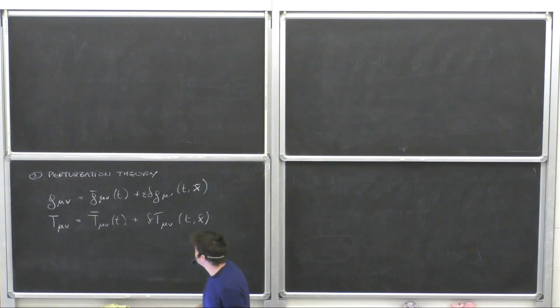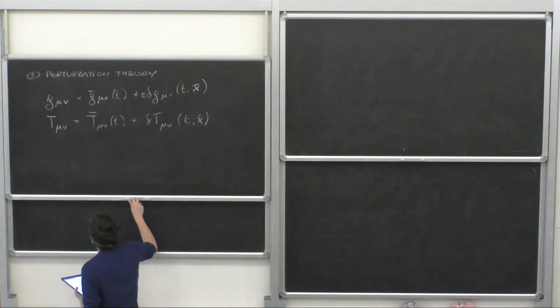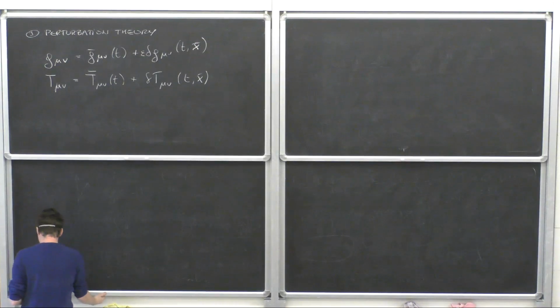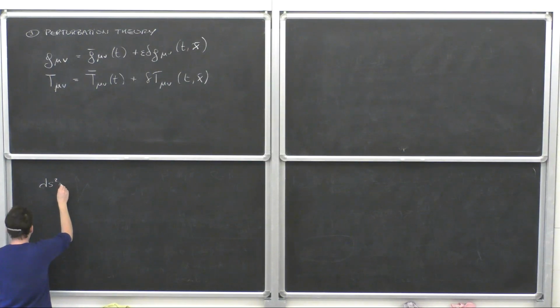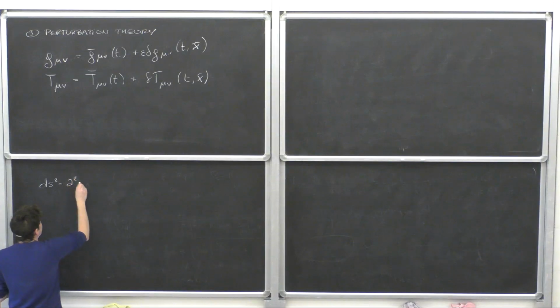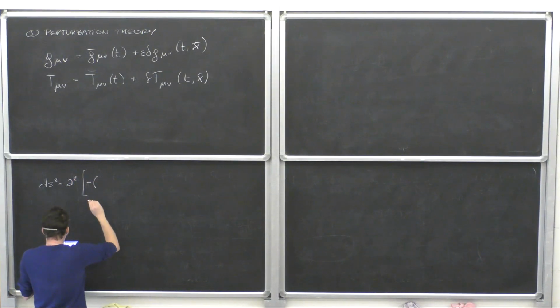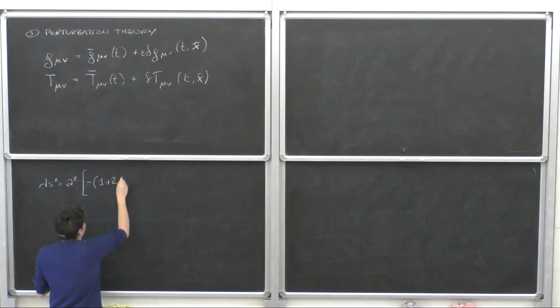Very good. So let's see what happens when we actually do this in practice. Let's write down the perturbed metric around FRW. So we are going to write ds squared equals a squared, and this is in conformal time. And then it's just a matter of writing down everything we can.